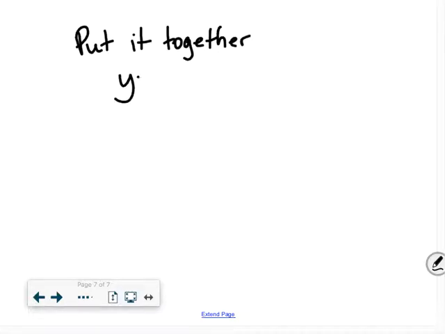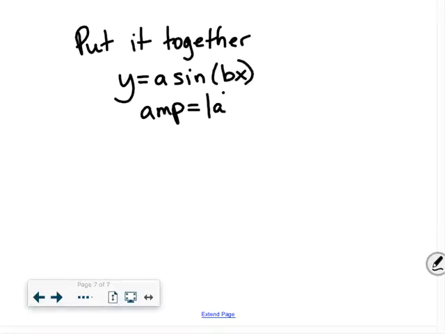If I have y equals a times the sine of bx, the amplitude is the absolute value of a, and the period length is 360 degrees divided by b. We're going to do 2 of these.